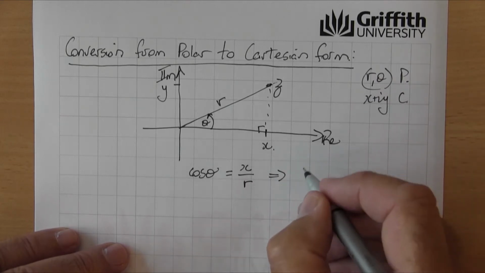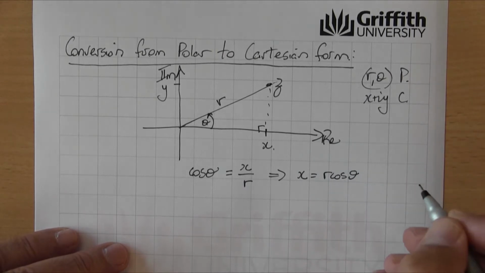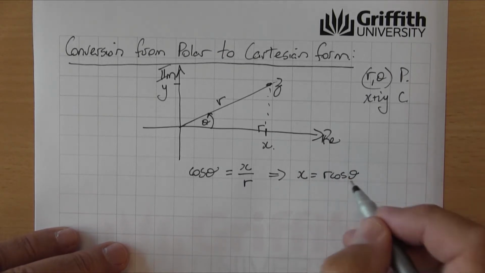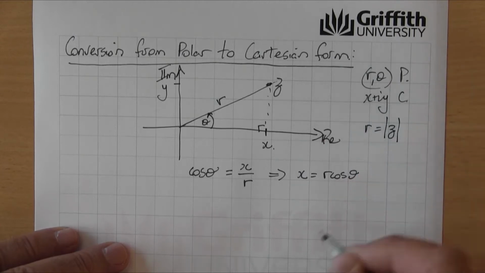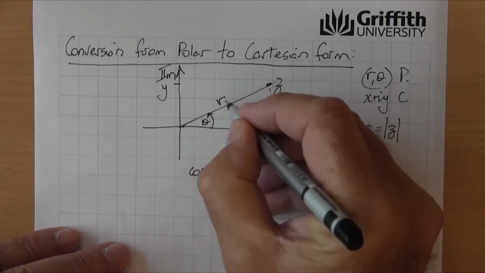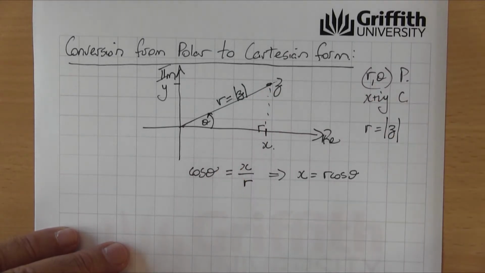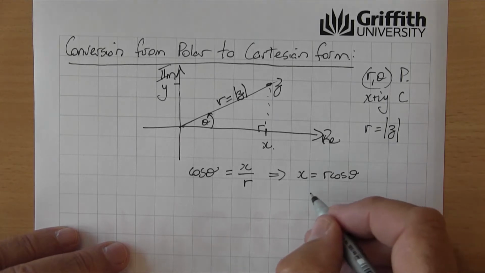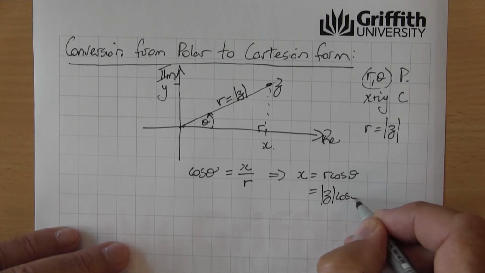So if we multiply both sides by r, we get x equals r cos theta. We also know that r is equal to the mod of z, the length from there to there. So instead of r there, we can say mod z cos theta.